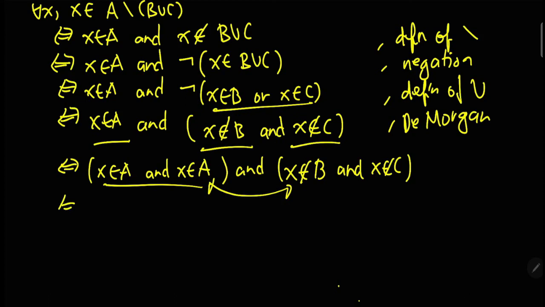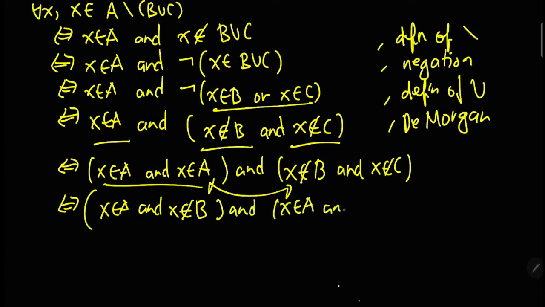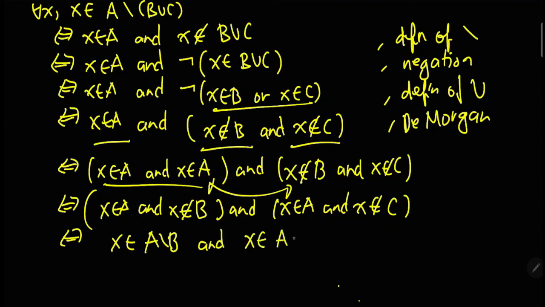So by application of associativity and commutativity, in that order, I have X is in A and X is not in B, and X is in A and X is not in C. So this becomes, it's in A but not in B. So that's A except B. On the other hand, we also have X is in A but not in C. So that's X in A except C.